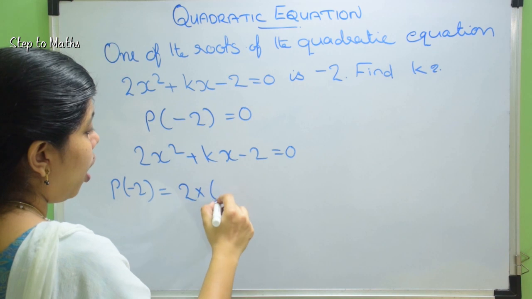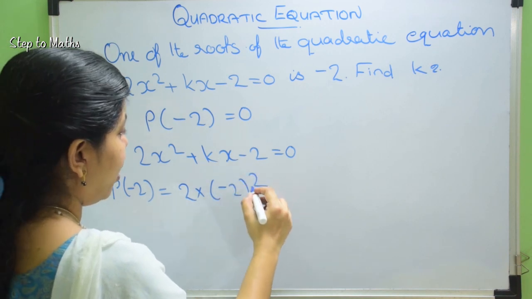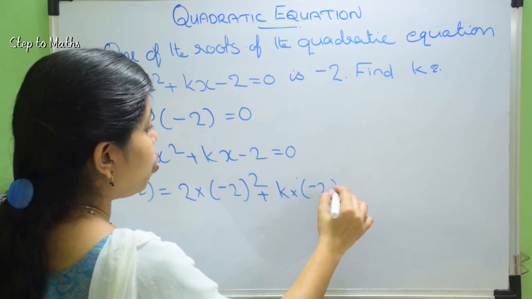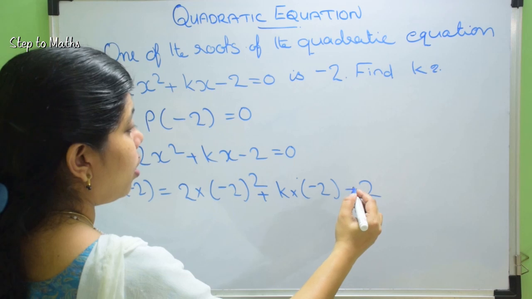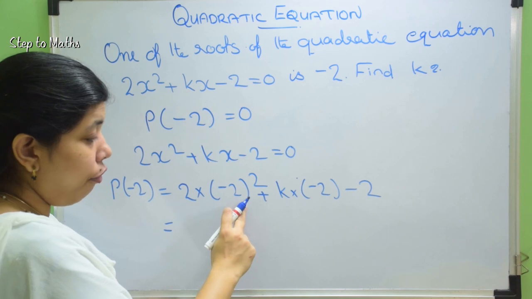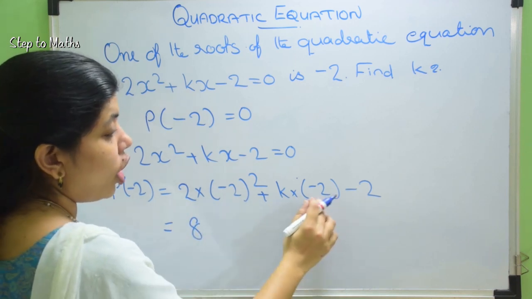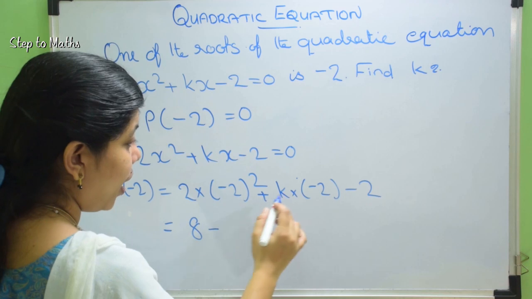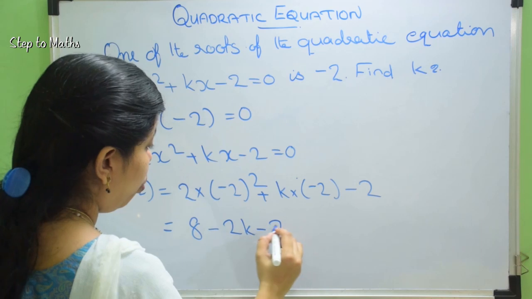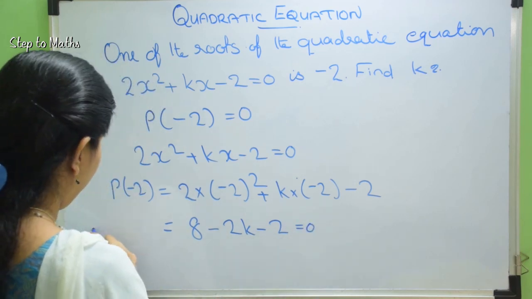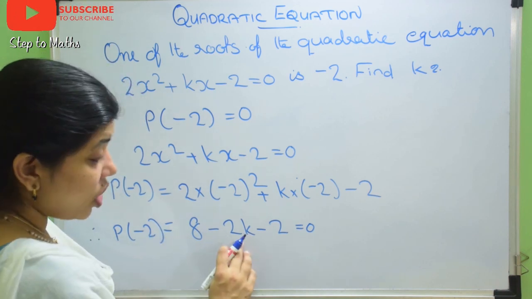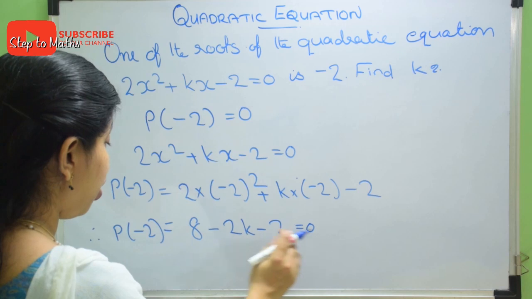2 into minus 2 square plus k into minus 2 minus 2. Minus 2 square is 4. 4 into 2, 8. k into minus 2 is minus 2k minus 2 equal to 0. Therefore, P of minus 2 is equal to 8 minus 2k minus 2 is equal to 0.